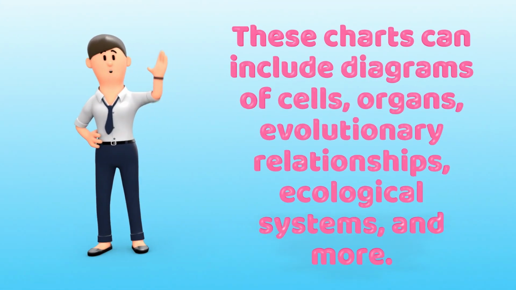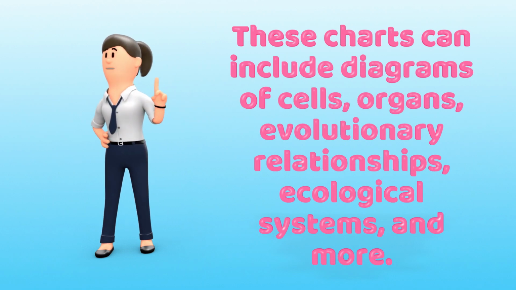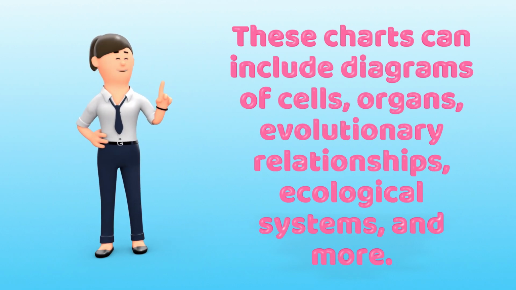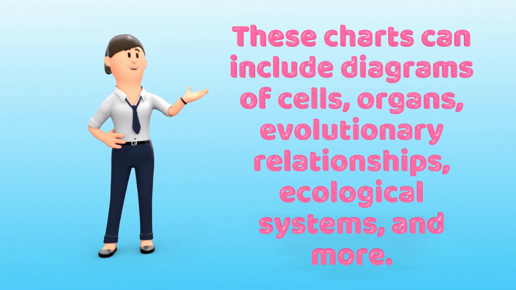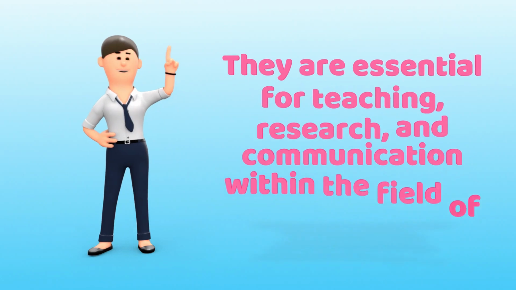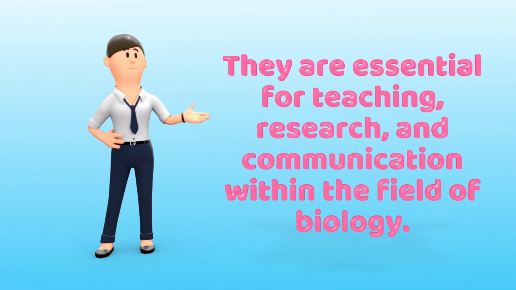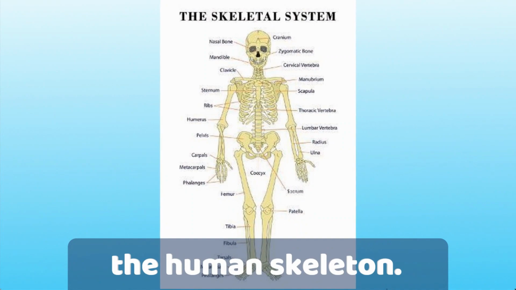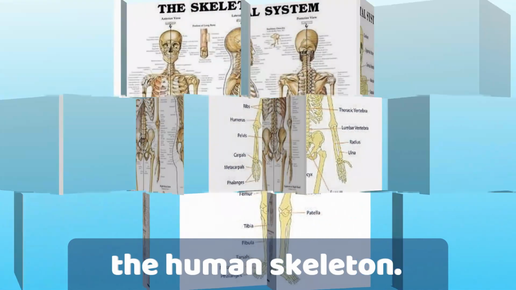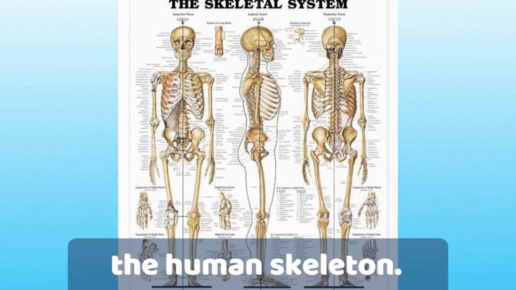Furthermore, these charts can include diagrams of cells, organs, evolutionary relationships, ecological systems, and more. These charts are essential for teaching, research, and communication within the field of biology. As we see here, the diagram chart of the human skeleton is usually found in biology laboratories.